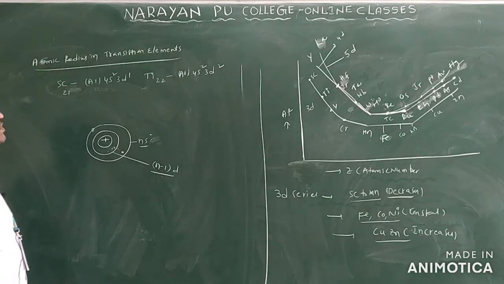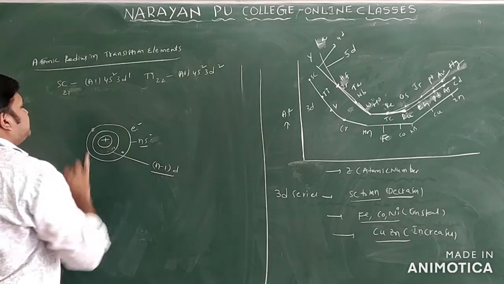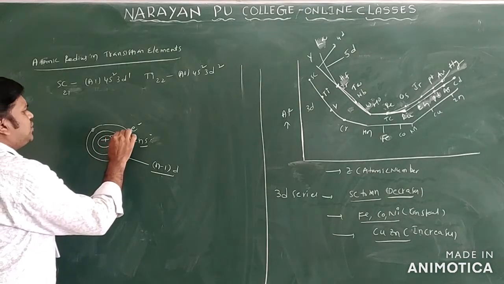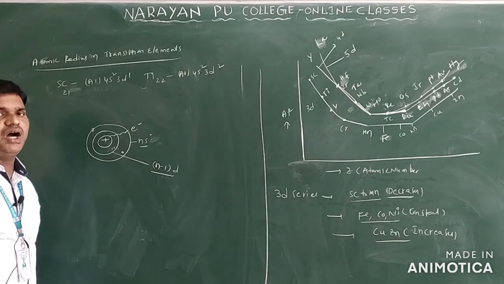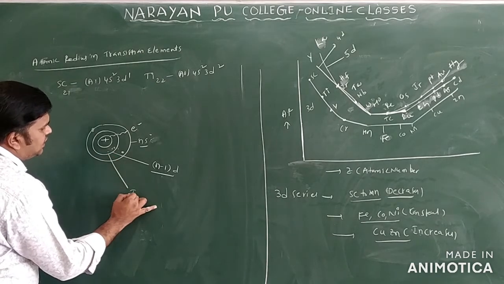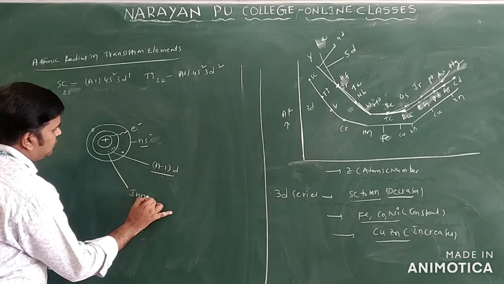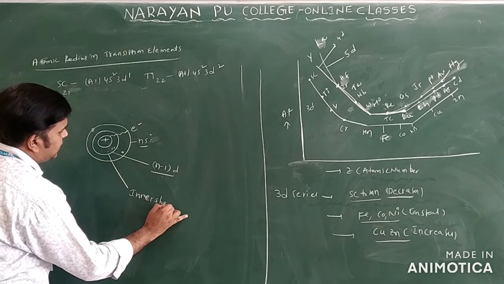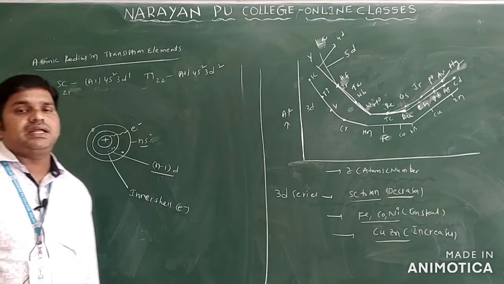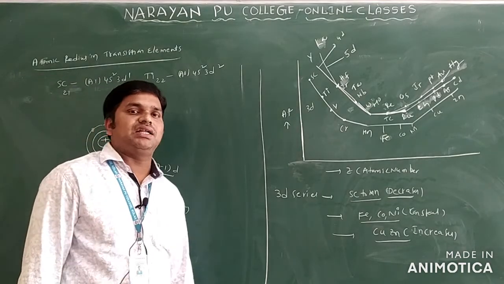In the ns orbital, one electron is already there. I already told you there is an attractive force between the nucleus and the outermost electron. But this is the inner shell, and the electrons in the inner shell we call inner electrons.